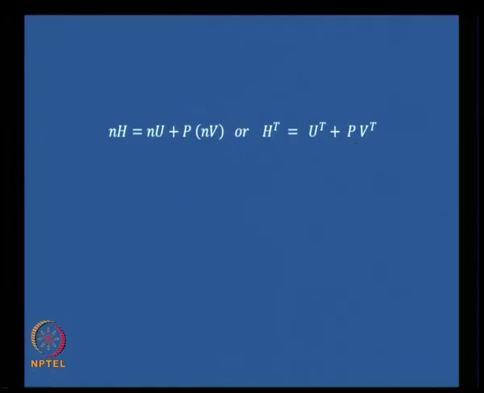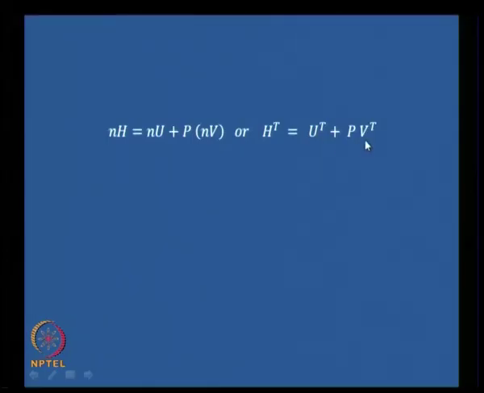Even if the number of moles of a system are different, as long as it is internally at equilibrium, in most cases we will have P to be the same throughout the system. Since it is an intrinsic quantity, it is not going to depend on the number of moles. So P times nV, V is going to depend on the number of moles, and therefore nH equals nU plus P times nV, or HT equals UT plus P times VT.